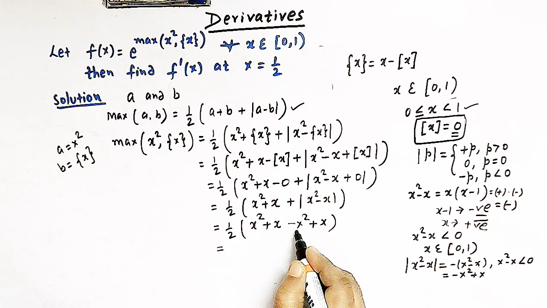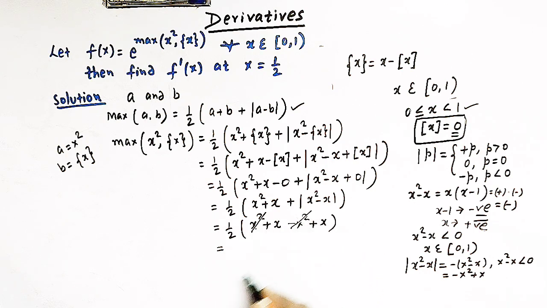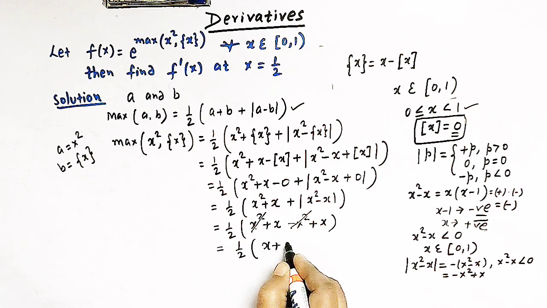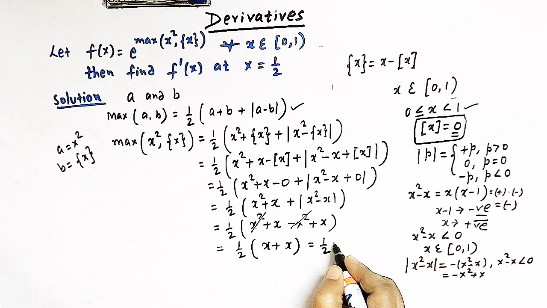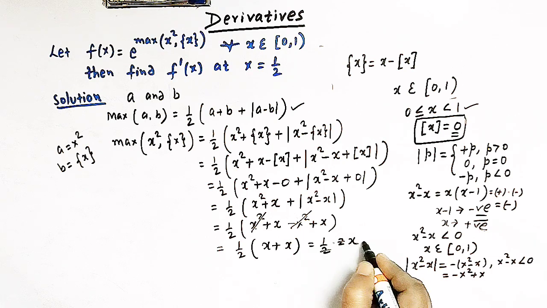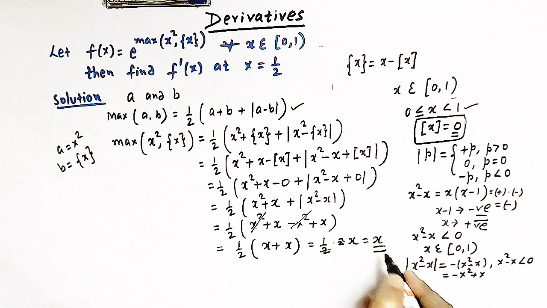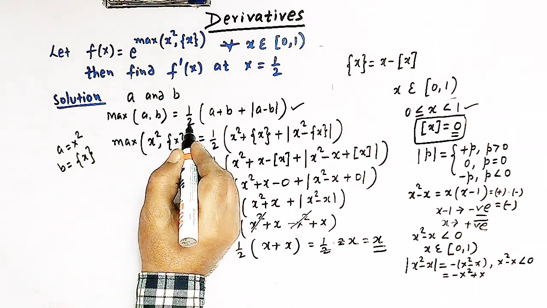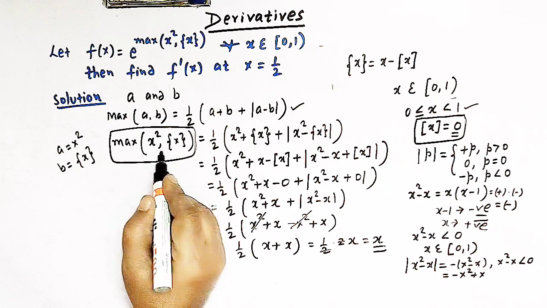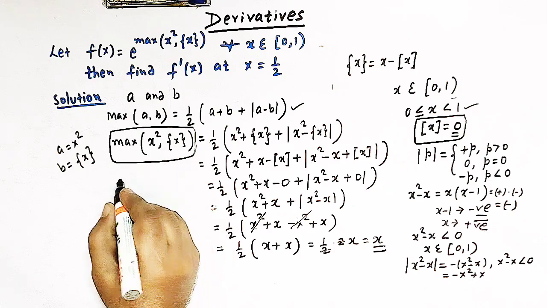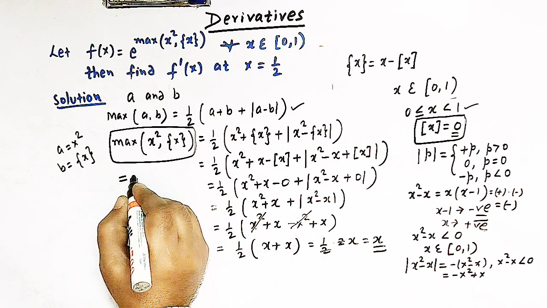Now simplifying it, these two quantities get cancelled and we have half and x plus x. So this is half and x plus x is 2x. 2 and 2 get cancelled and we are left with only x, right? So this quantity, that is the maximum of x square comma fractional part of x, is equal to x.